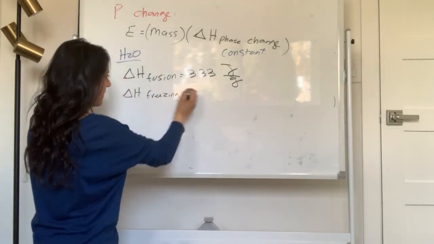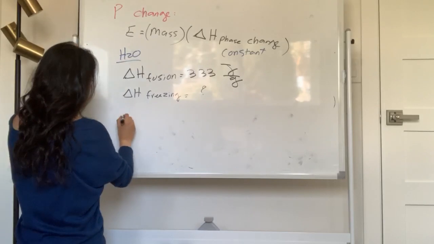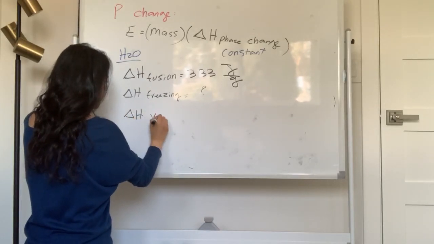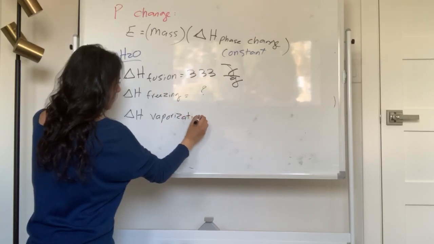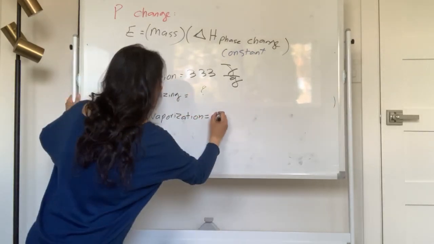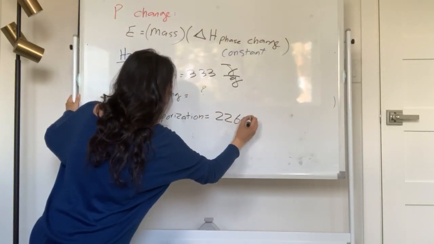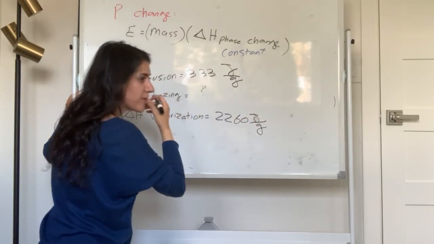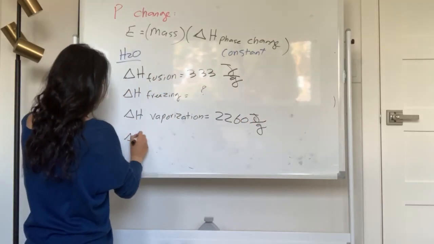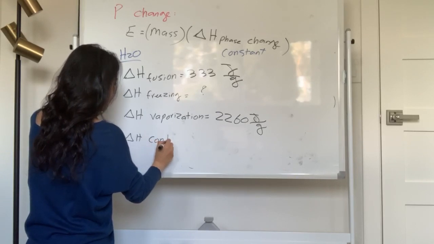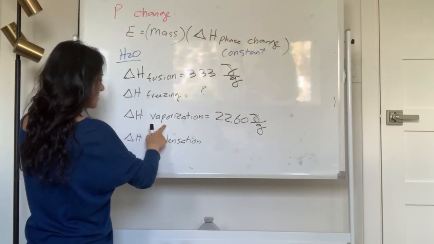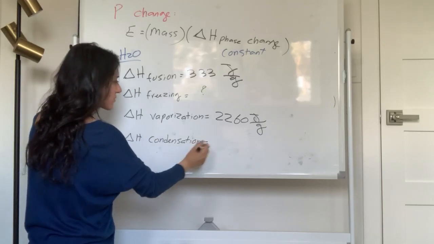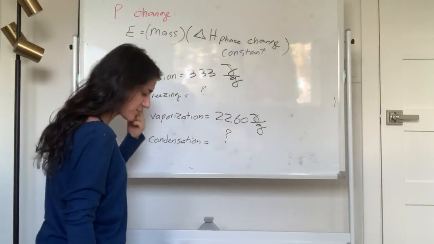I'm not going to give you that number actually. Then is delta H of vaporization. Go to that chart at the beginning so you know what's going on. And that one was 2260 joules per gram. And then I have delta H, opposite of vaporization was condensation, right? Vaporization, liquid to gas. Condensation is gas to liquid. I'm not going to give it to you.